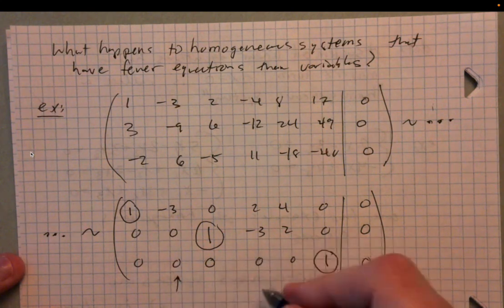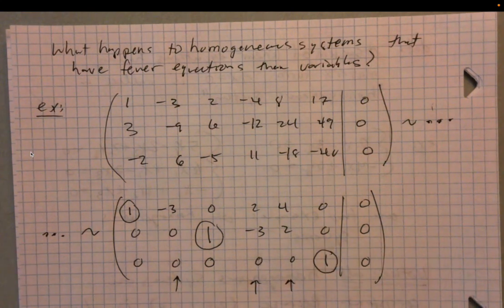And so you've got independent variables, 3 of them. So this matrix is going to have non-trivial solutions because of these non-pivot columns. In general, if you have a homogeneous system with fewer equations than variables, so you have more columns than rows, then it's definitely going to have a non-trivial solution.